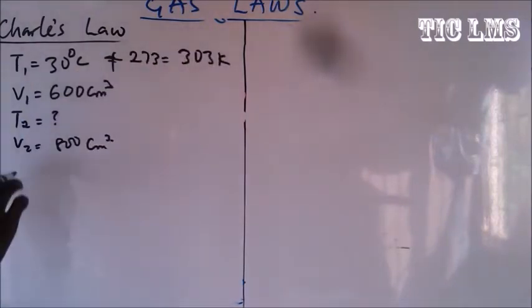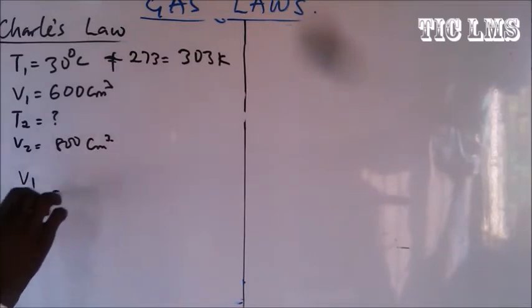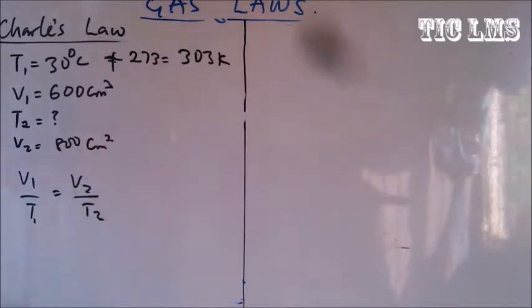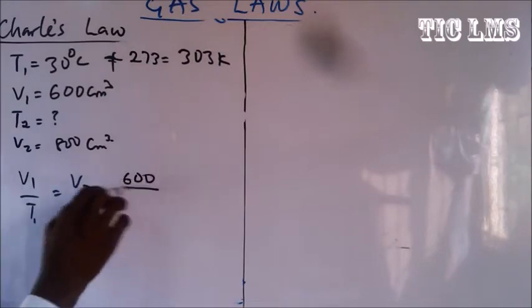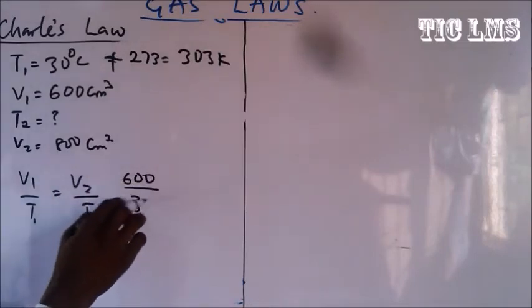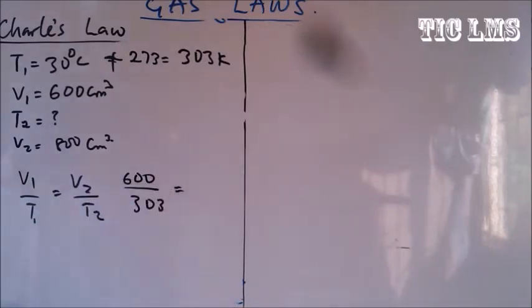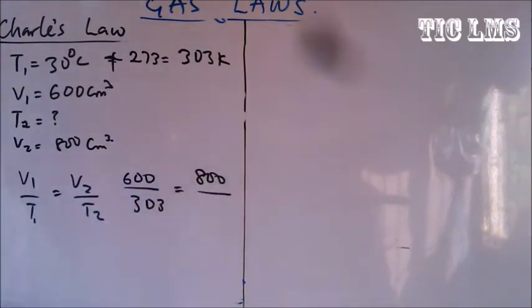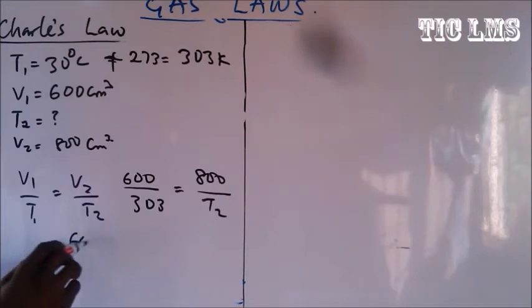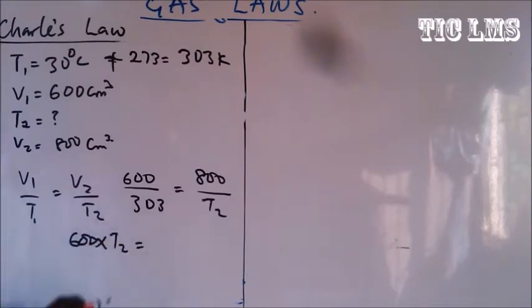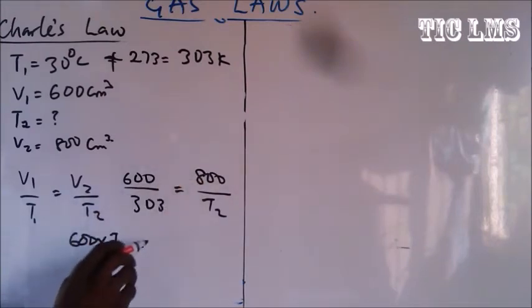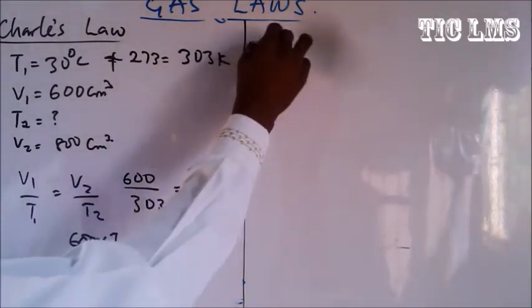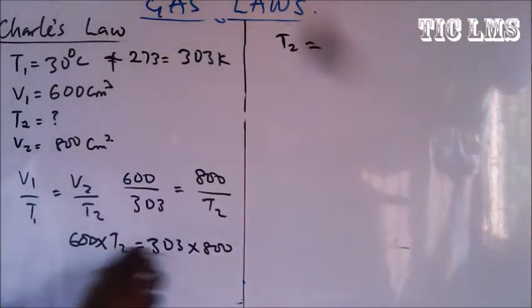Then we'll bring in our formula, which is V1 over T1 equal to V2 over T2. Our initial volume is 600 and our initial temperature is 303. We have a volume of 800 over T2, which is unknown. We will cross multiply, that is 600 multiplied by T2 equal to 303 times 800, making T2 the subject of this.